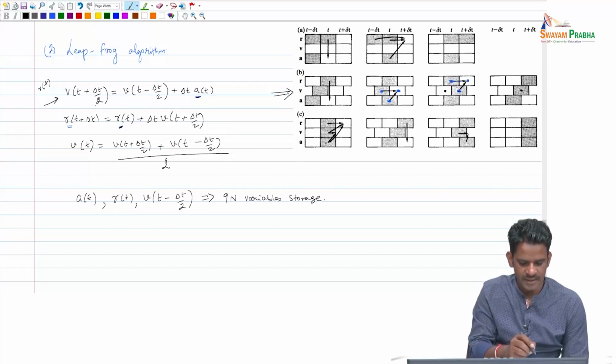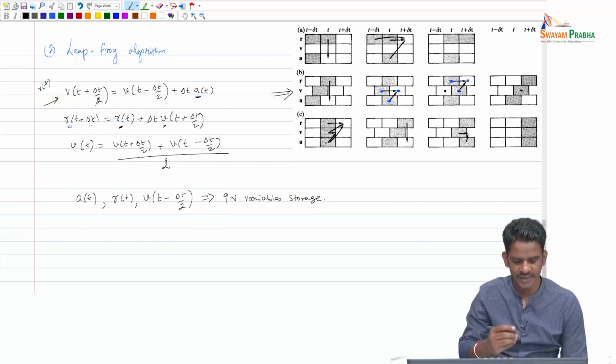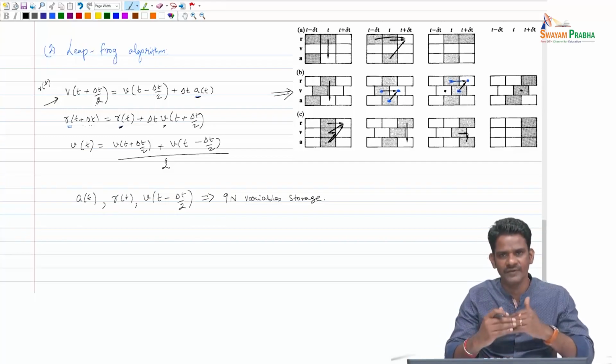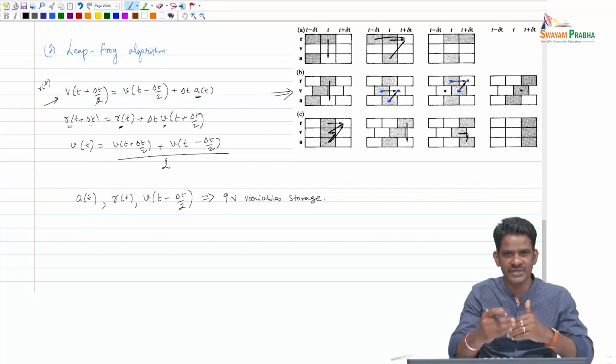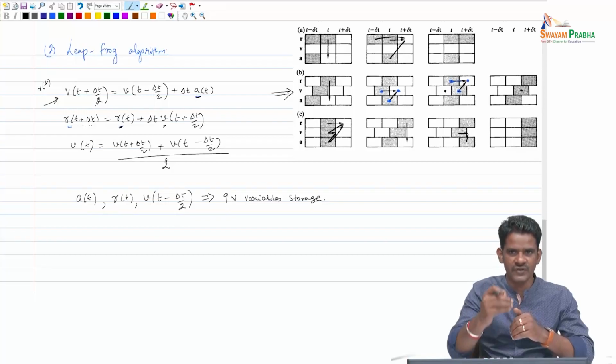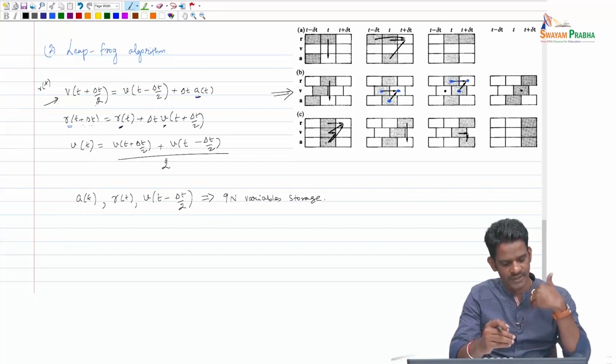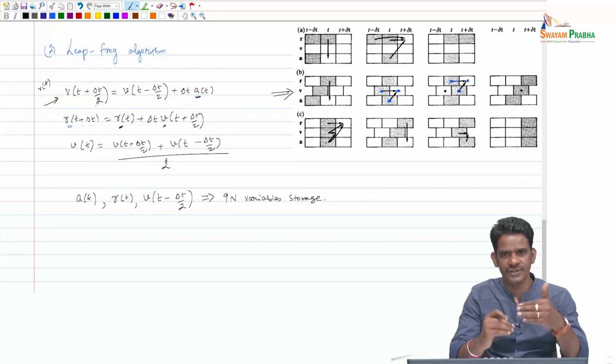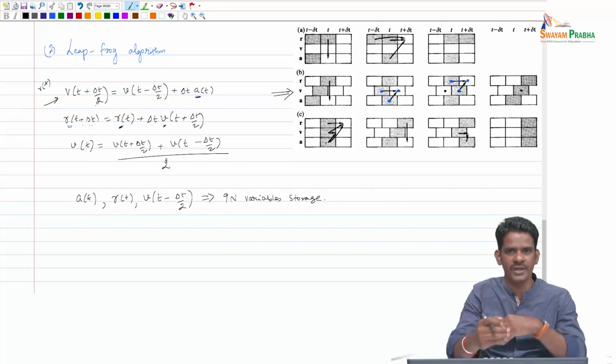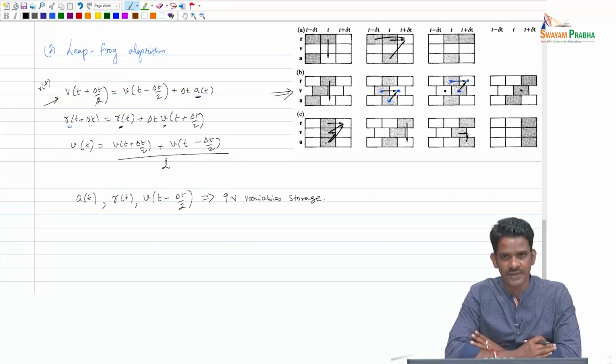And once this is done, now we leap forward to get the position at t plus delta t using the mid step velocity that is newly calculated. So, instead of calculating velocity and position at the same times t or t plus delta t or t minus delta t, we advance first the velocity and then we advance the particle position over the velocity. So, we leap forward over one variable over the other. So, that is why it is called leapfrog algorithm.